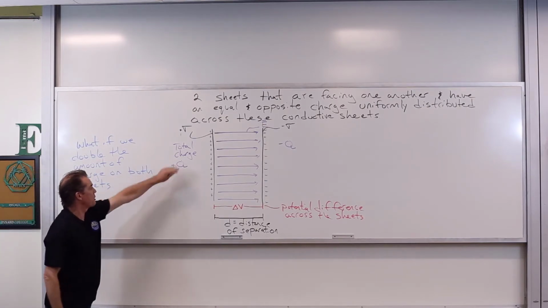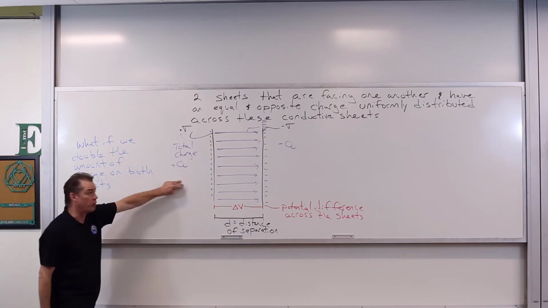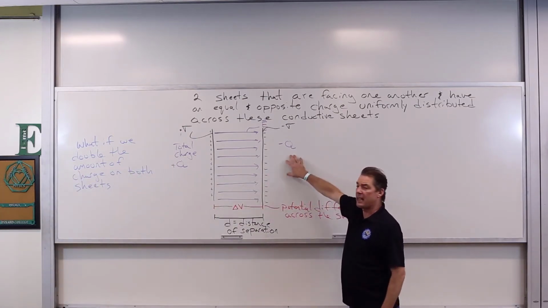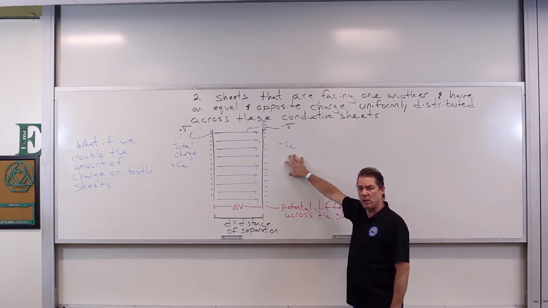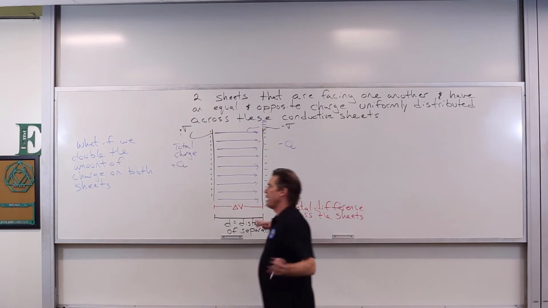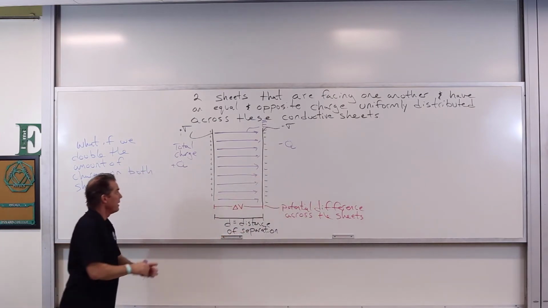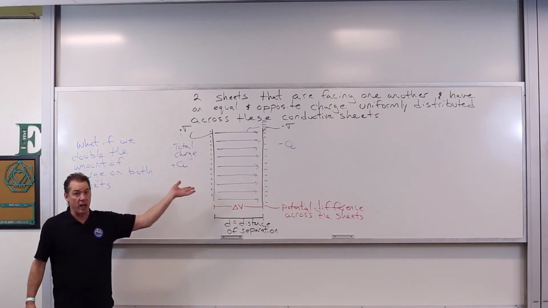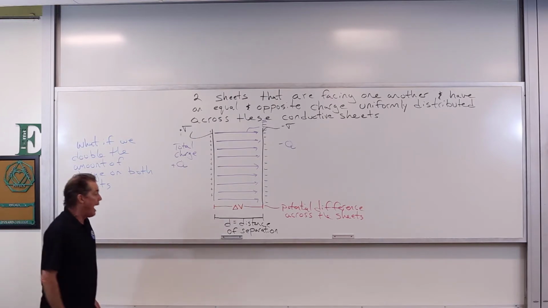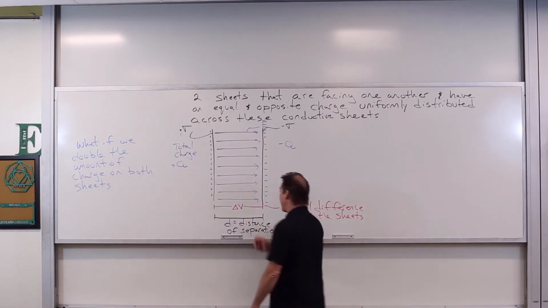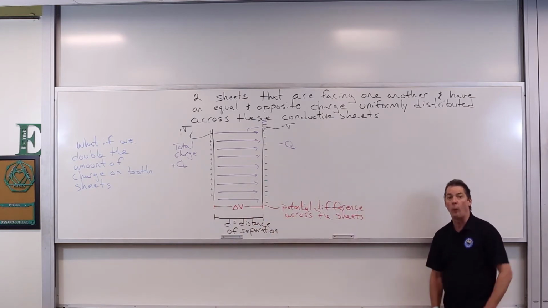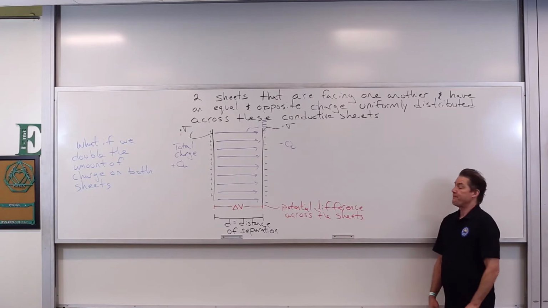So we add another plus Q on this side, so we'd have plus 2Q, and we add another negative Q on this side, so we got negative 2Q on this side. So have equal and opposite amounts of charge. What changes? Well, the distance of separation, we're going to keep that the same. We'd have that the electric field definitely changes, right? It gets stronger because we've got more charge producing it. And if the electric field is getting stronger, then the potential difference between the plates would also increase.